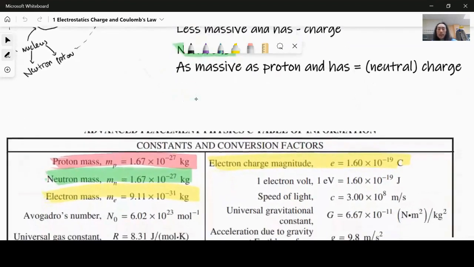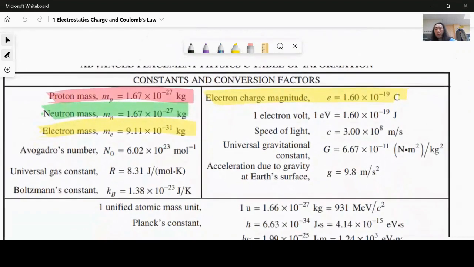Okay, so with these ideas, there's a couple of very important things that you'll see on the formula sheet. The very first line that we see here is the proton mass, Mp, the neutron mass, Mn, and the electron mass, Me. These will always be on your formula sheet, so you don't have to really commit them to memory.